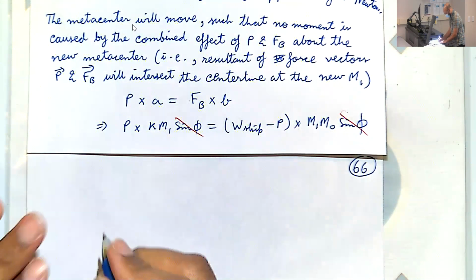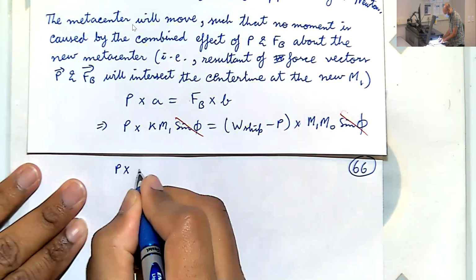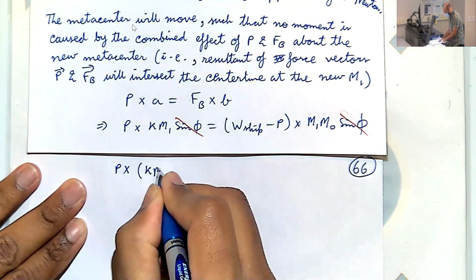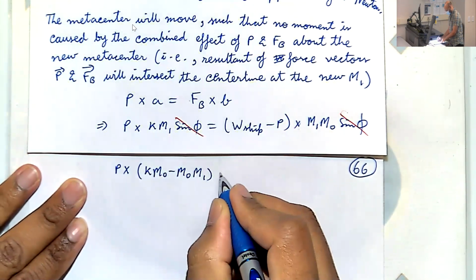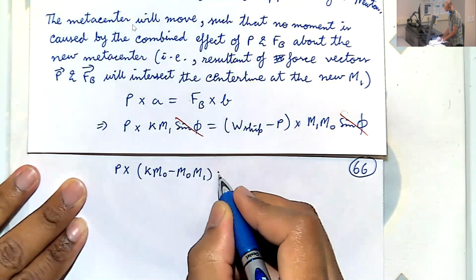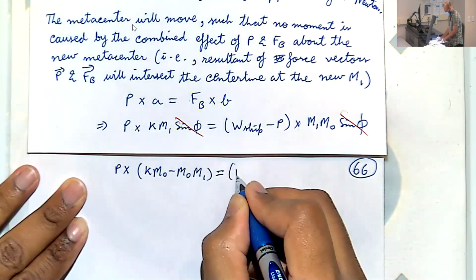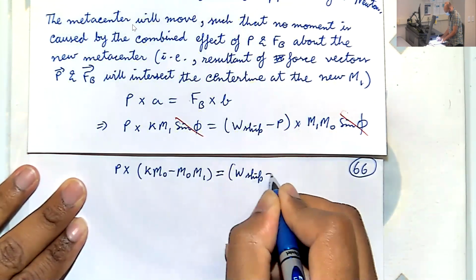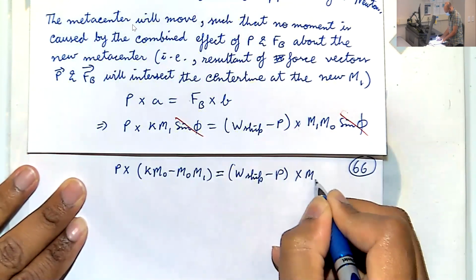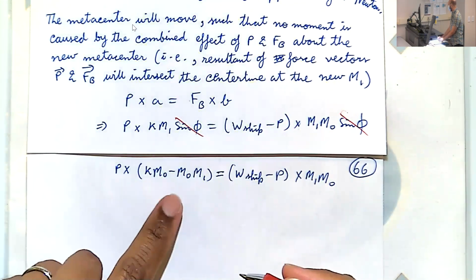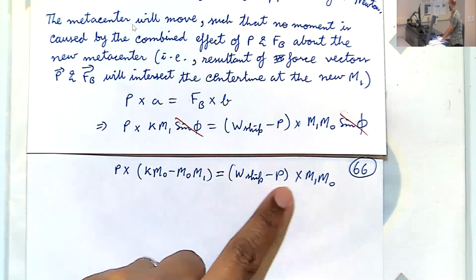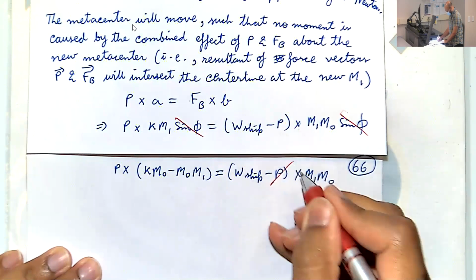Okay, KM1 we can write as KM0 minus M0 M1. There's two things common here, P times M0 M1, P times M0 M1. So we cancel these.